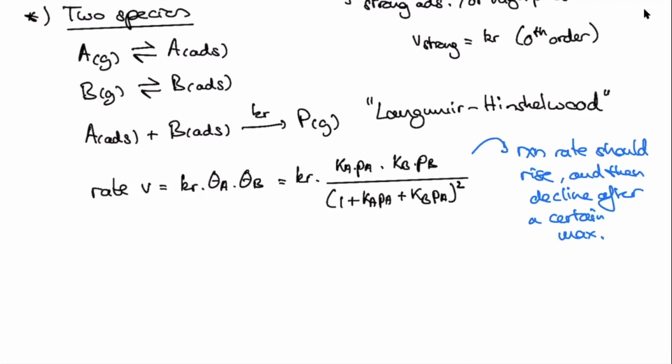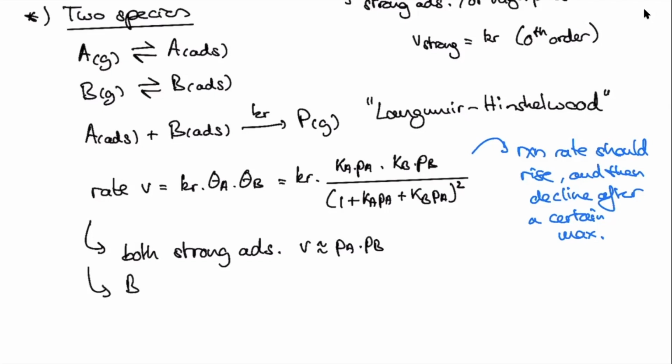Imagine that B, let's write 2 examples. So if we have both our strong adsorbers, then the rate will be roughly Pa times Pb. But if, let's say, B is a strong adsorber and A is weak, then we get Pa divided by Pb.